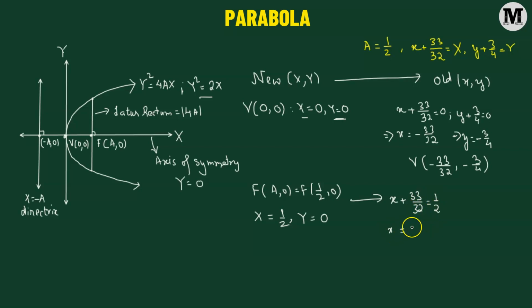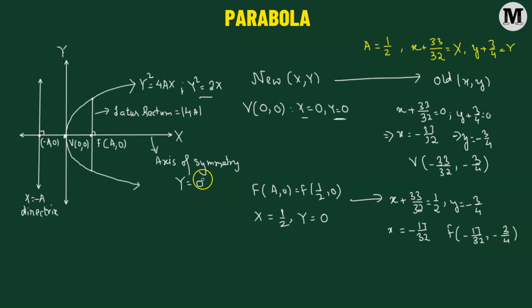Solving for x, we get x equals negative 17 over 32. And since Y equals 0, that gives us y equals negative 3 over 4. So the coordinates of the focus in the old coordinate system are negative 17 over 32, comma, negative 3 over 4.